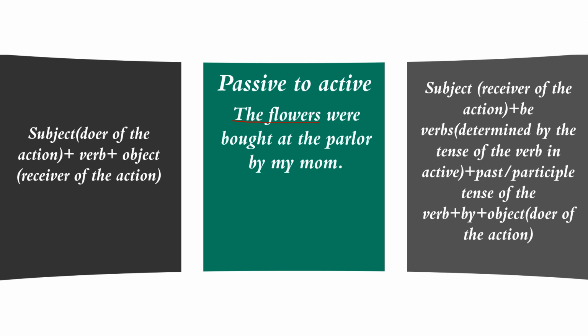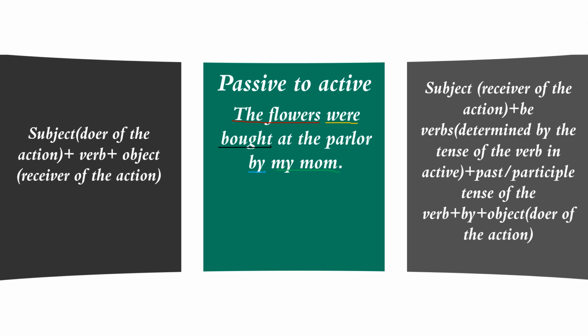The verb will be this one. The main verb, we'll use black for that one. The main verb will be this. And next, what comes after the main verb is the word by, which is a permanent part of the formula. And the last one is the object, or the doer of the action, which is my mom.